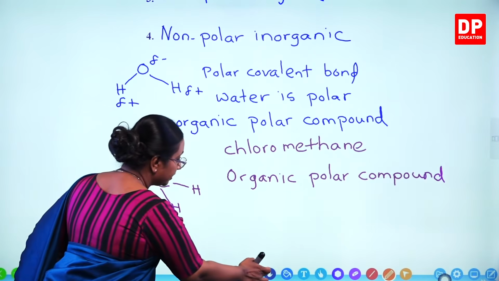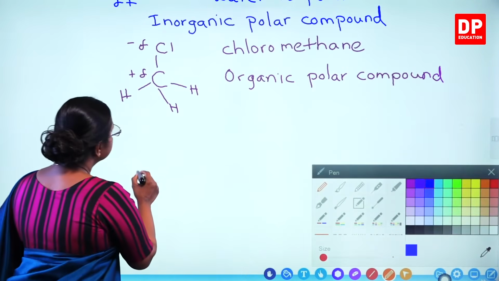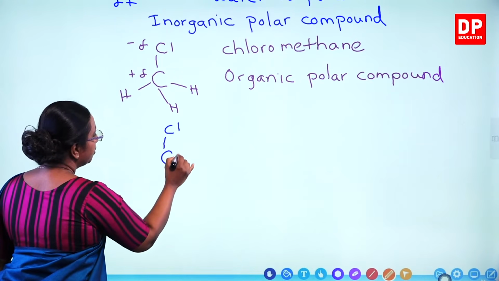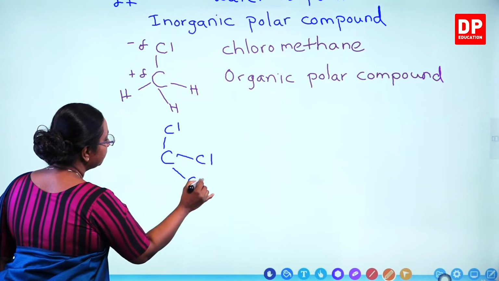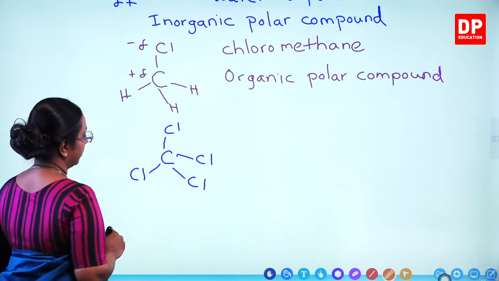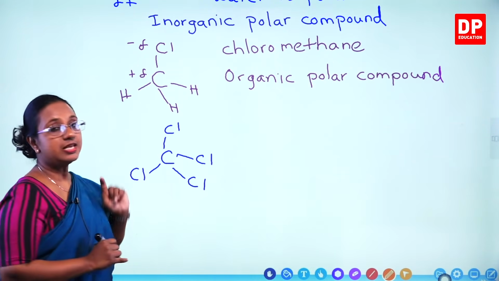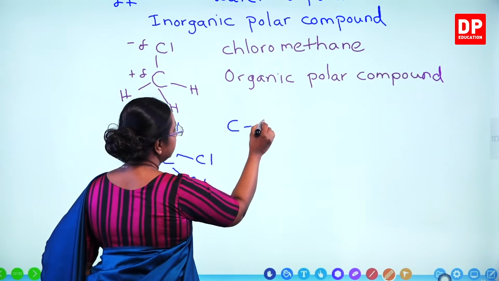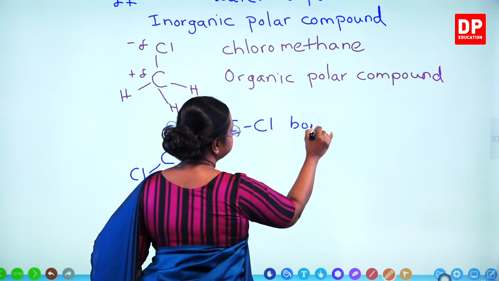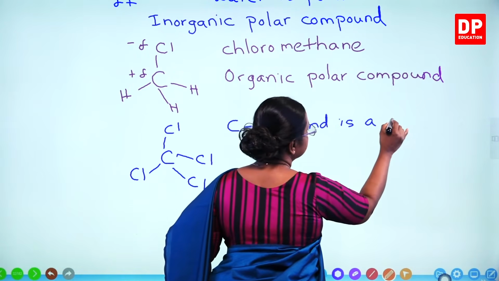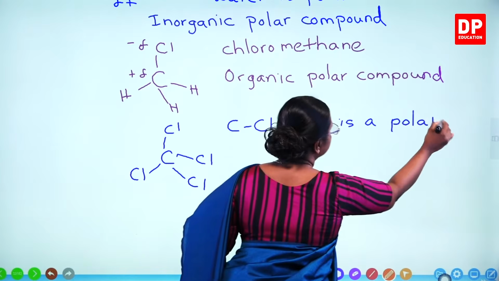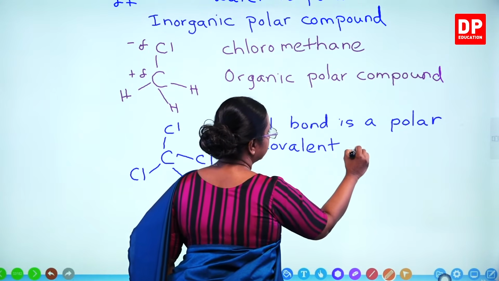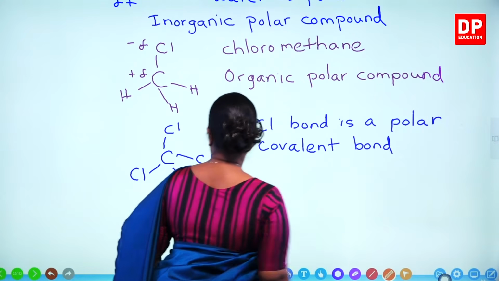Now we will take another example. The same molecule, or let's say a similar molecule, which has all 4 chlorines. Now the CCl bond is polar. So here the CCl bond is a polar covalent bond.